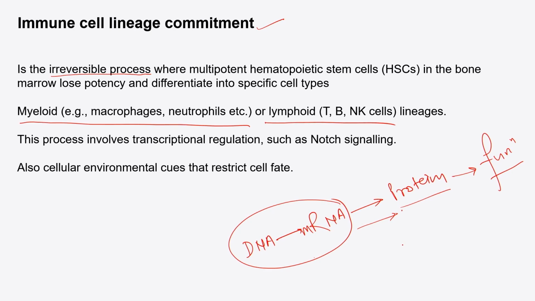The other important thing, apart from the transcription regulation, is the cellular environment associated with the cell fate. Now the cellular environment is also multifaceted, which we'll look into gradually, what the things are which are responsible for deciding fate.